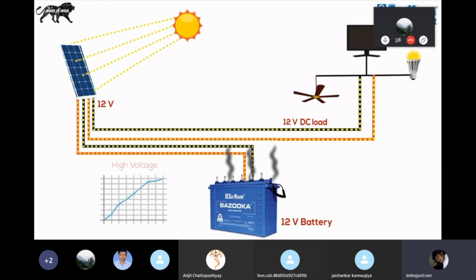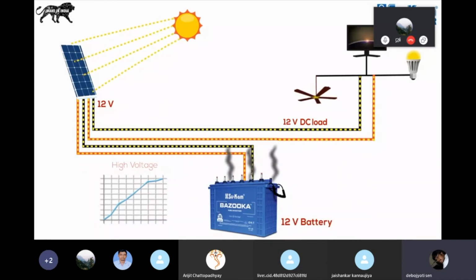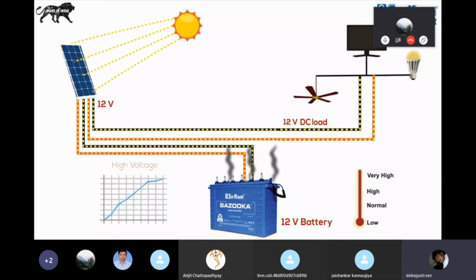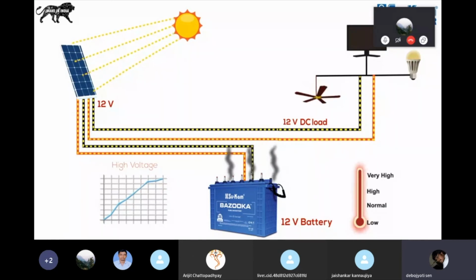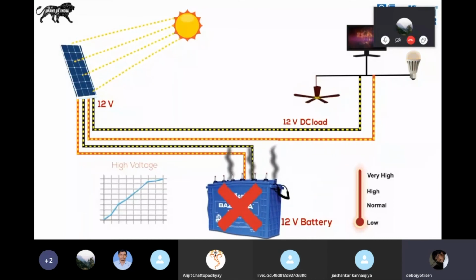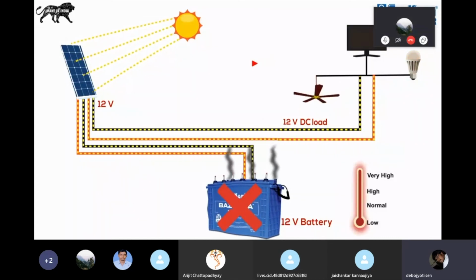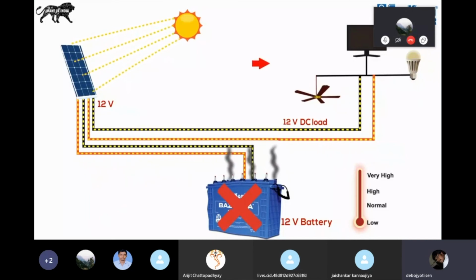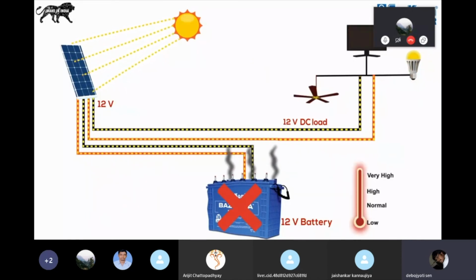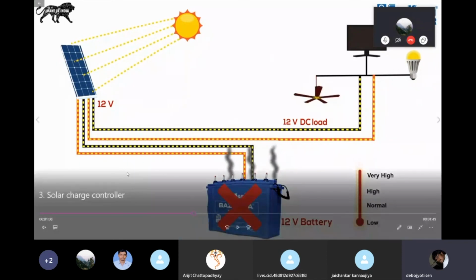Constantly putting in the same high voltage, the battery will ultimately get damaged. The temperature would increase, the battery won't operate the way it should, and ultimately it's a waste. The same thing happens with the DC loads, like the fan.